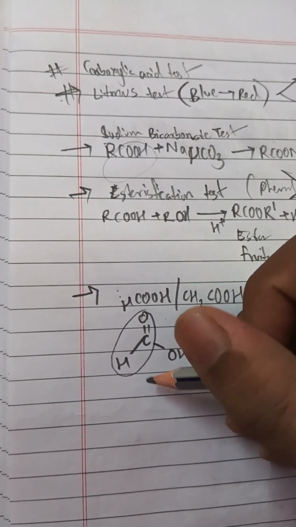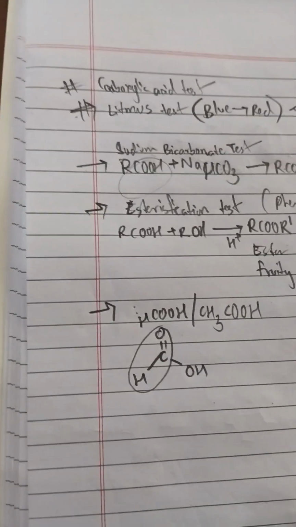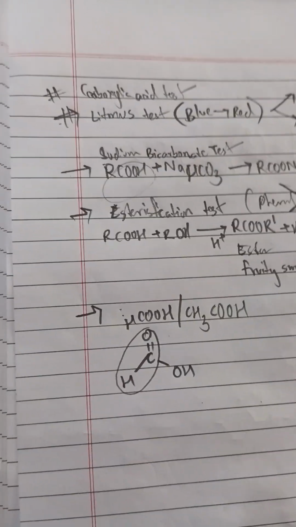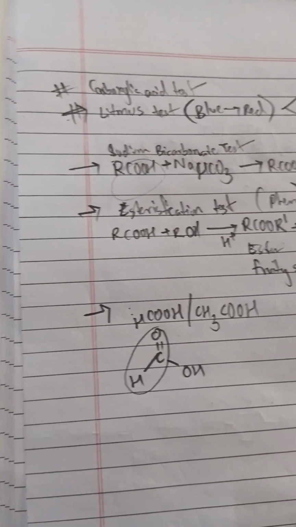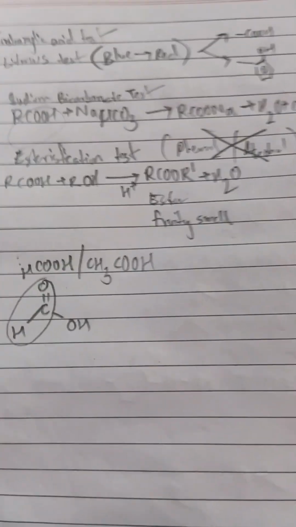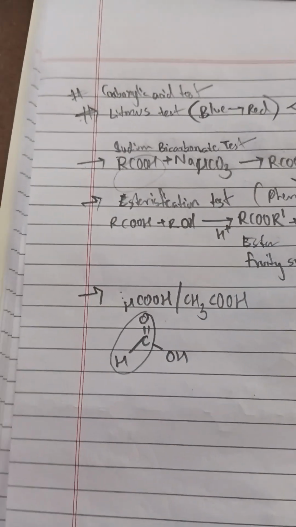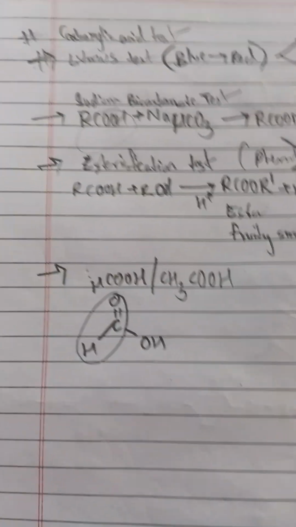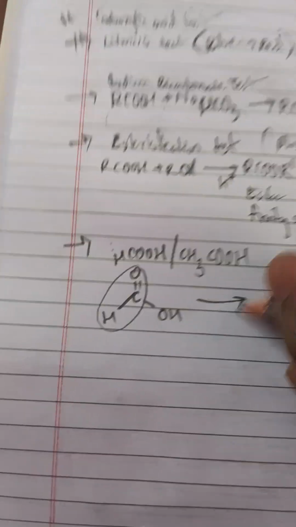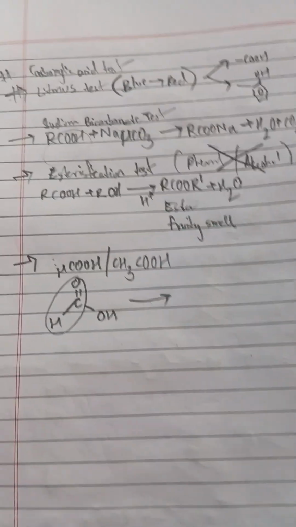It is the RCHO type. Tollens always wants RCHO. Do you remember that? 2,4-DNP needs what? A C=O double bond. But Tollens needs RCHO, and Fehling needs the aliphatic one. You need to remember that. So what will it give? It will give Tollens. What was Tollens? I just now taught, what was Tollens?